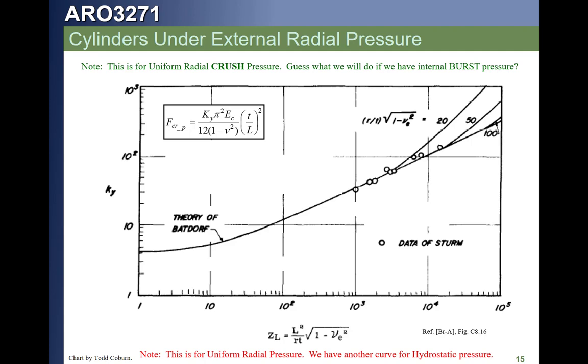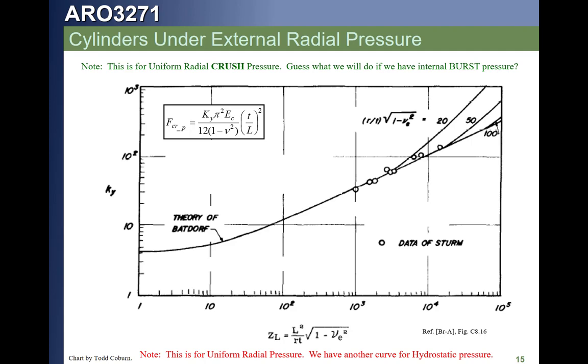The stiffening that it performs will be proportional to what we would do for a compression. So if we have an external crush pressure, we're going to calculate our Z sub L, our Z. Once we have Z, we will read our K for that crush pressure. We'll plug into this equation shown at the upper left, and that will give us our allowable.